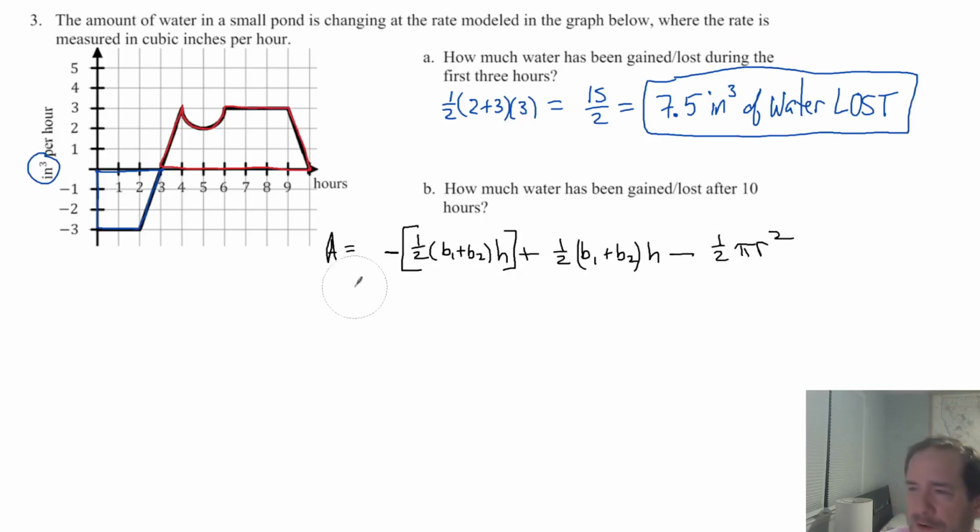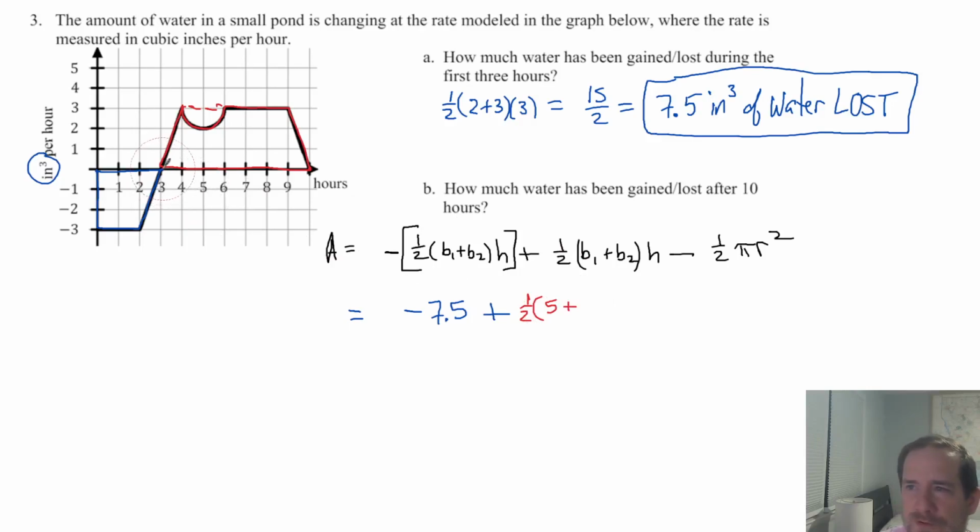Now, we already know that that first guy came out to negative 7.5 cubic inches. Then we're going to add to that the red trapezoid. And that one's going to be 1/2 times, what's his base? Now you'd still consider this part of the base, of course. But we're going from 4 to 9, so that's 5.